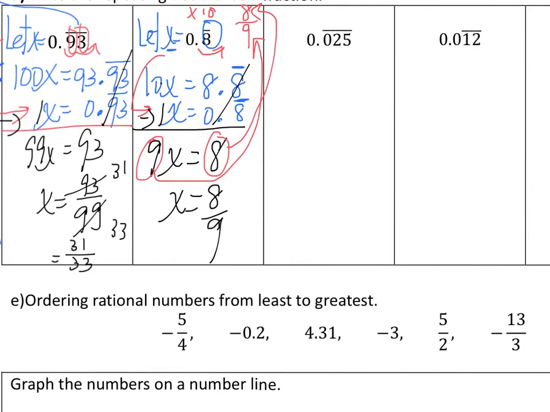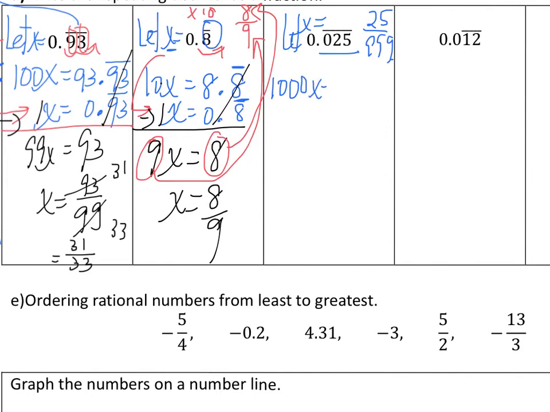Here, same thing. This will be 25 over 999. The number of 9s tells me that there are 3 digits repeating in the numerator. So again, I'm going to work this out. Let x equal this, and because I have 3 digits repeating, I am going to multiply by 1,000, 3 zeros.